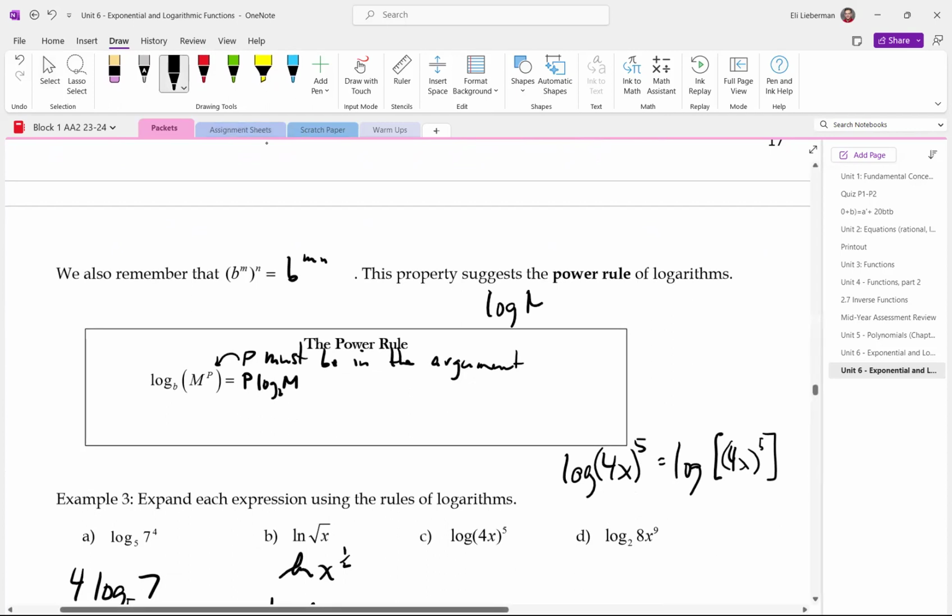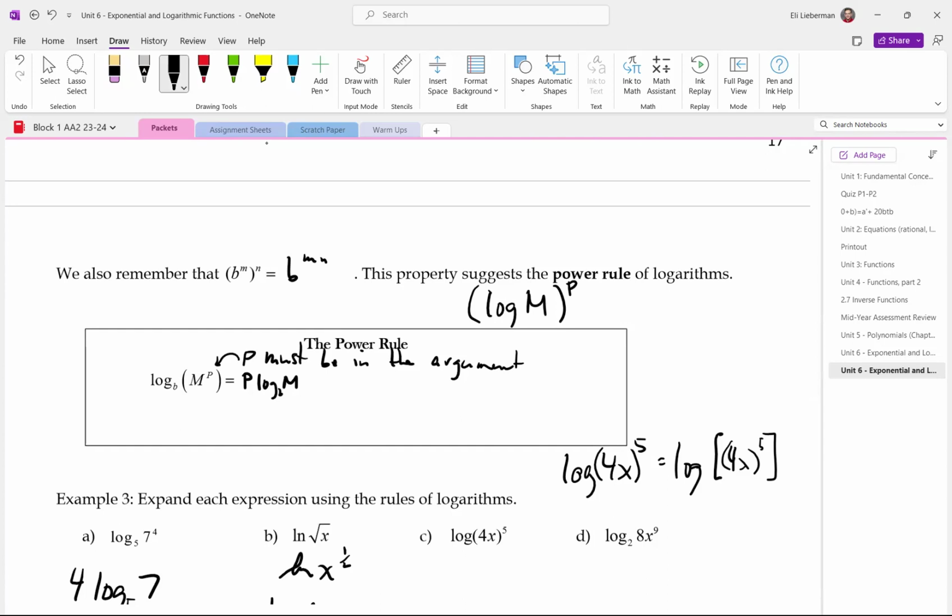And C has the 5 outside, but it's not that. To be more clear, the P should not be applied to the entire logarithm like this. That's when it doesn't work. This P must belong to the argument specifically, which it doesn't here.